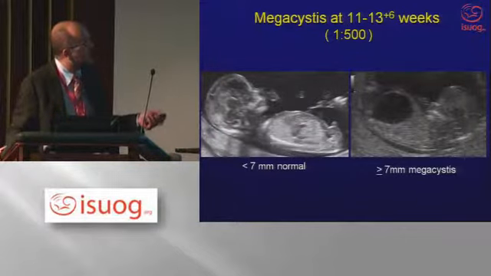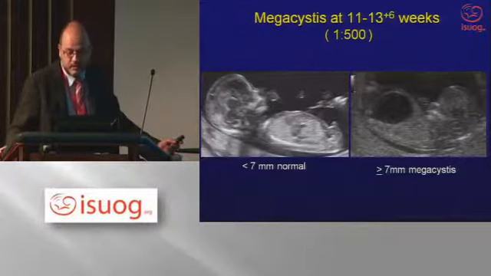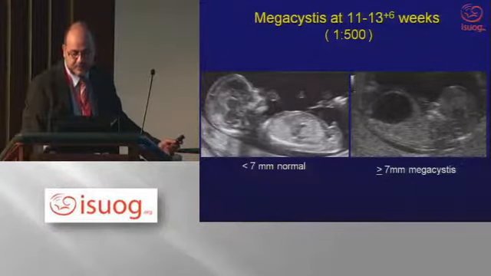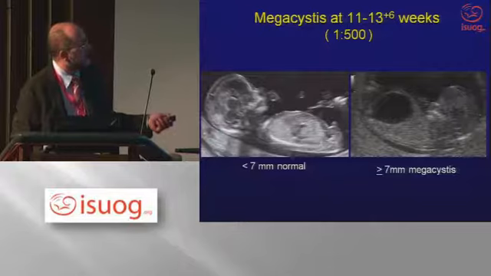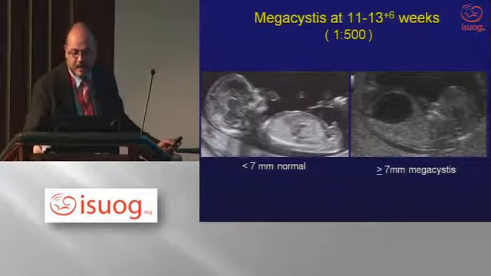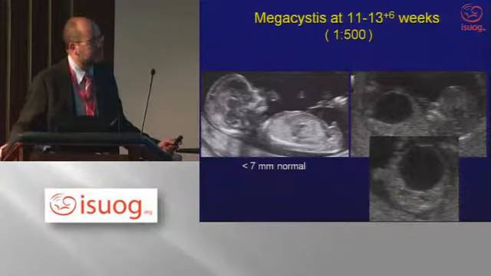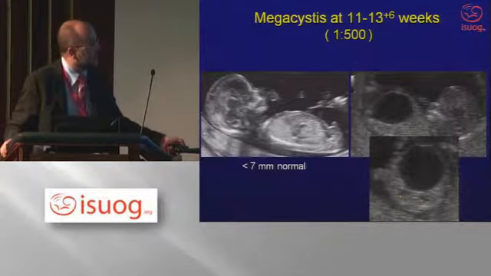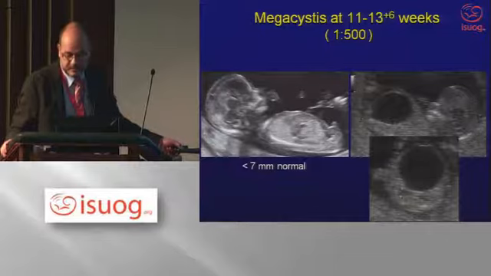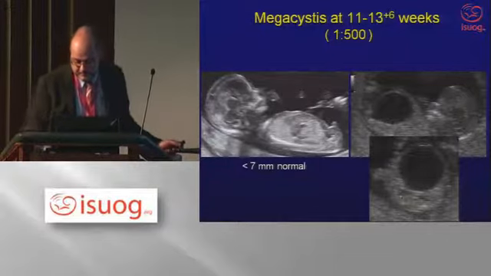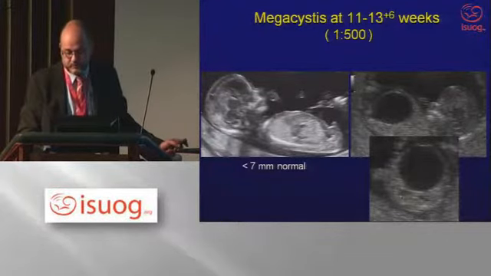Megacystis is defined as any bladder greater than 7 millimeters. So on the left here, you can see a fetus with a normal bladder, male fetus. And on the right, you can see megacystis, which is certainly more than 7 millimeters, and if you take a cross-section, you often can see the enlargement of the renal pelvises also.